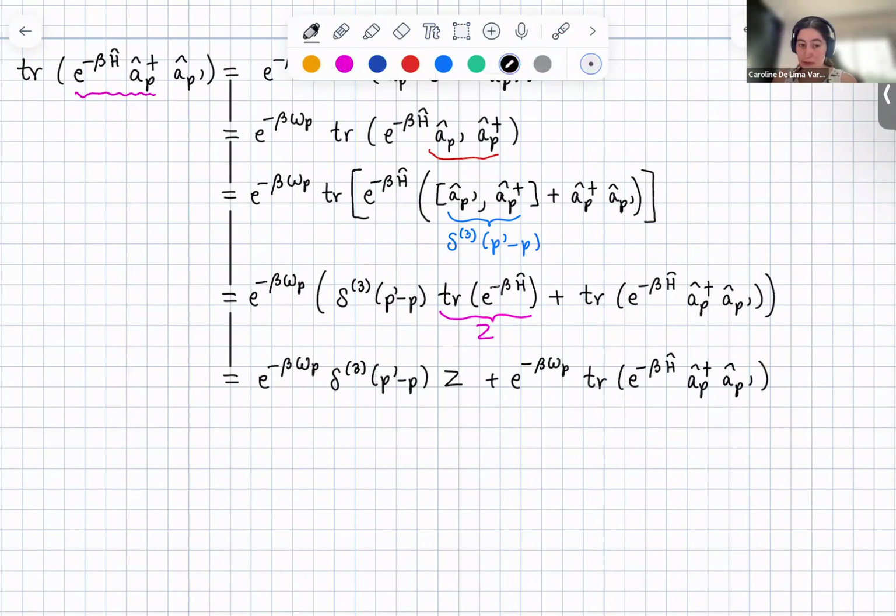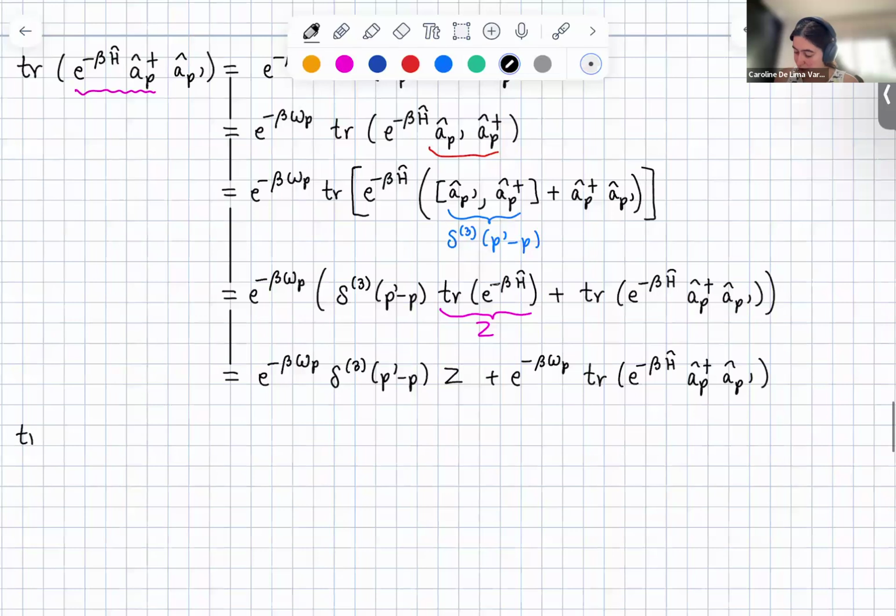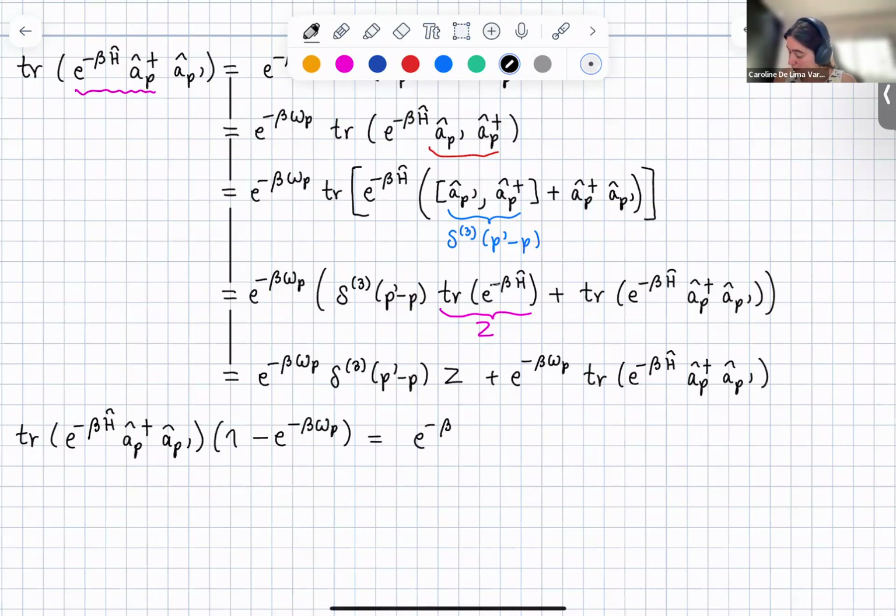So I'm going to write that the trace of e to the minus beta H a_p dagger times a_p' times 1 minus e to the minus beta omega_p is going to be equal to e to the minus beta omega_p times this delta function times that.